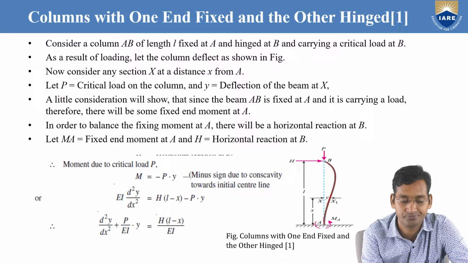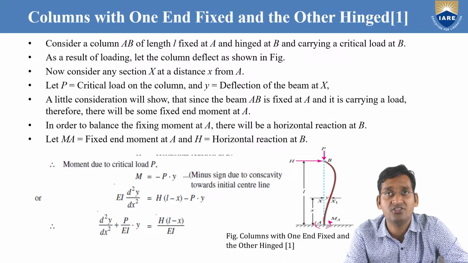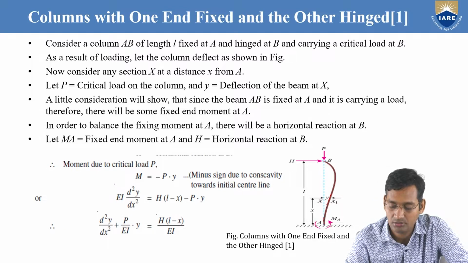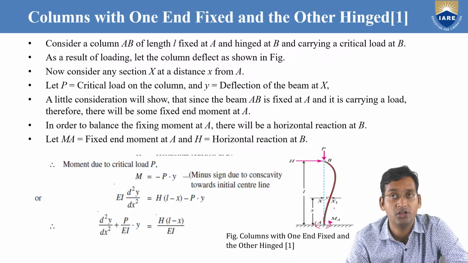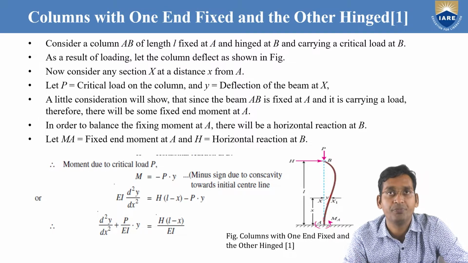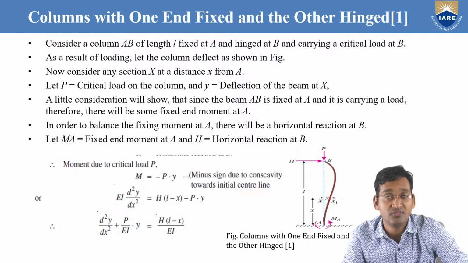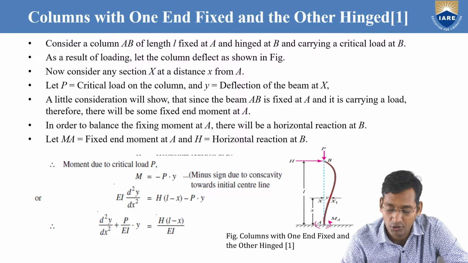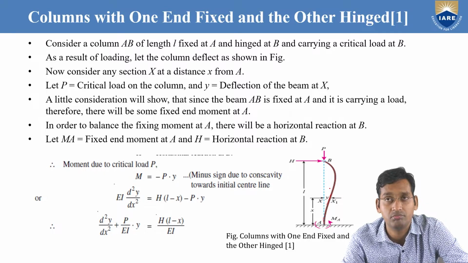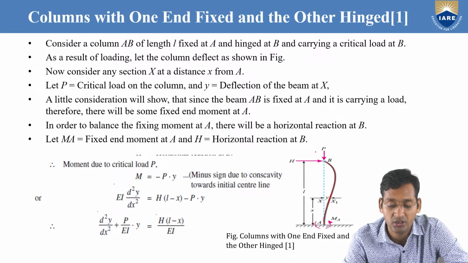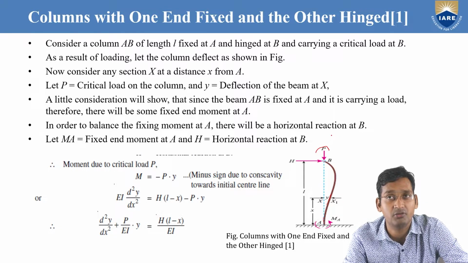A little consideration will show that since the beam AB is fixed at A and is carrying a load, there will be a fixing moment at A. Next, in order to balance the fixing moment at A, there will be a horizontal reaction at B. In the previous videos with both ends fixed, one moment was clockwise and the other anti-clockwise, so it got balanced.